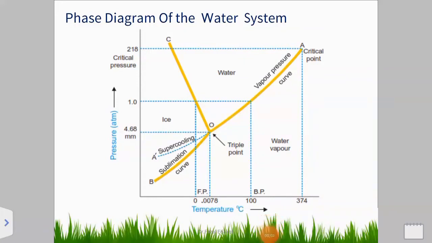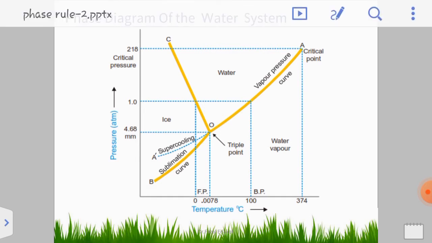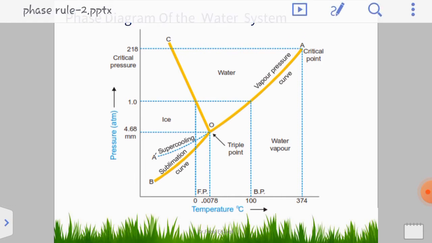So this is the phase diagram of the water system, and I have a question. This question is called the in-class question, and your internal mark will be connected to the submission of the in-class question. You might have drawn this phase diagram of water. I haven't discussed one particular concept, that is what we call supercooling.